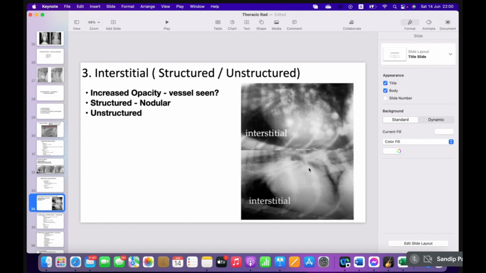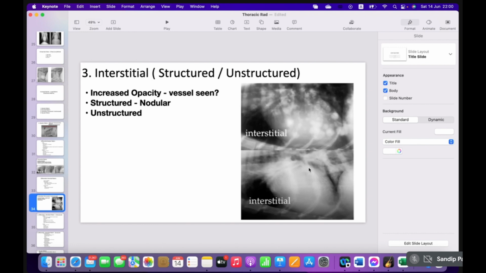Here, the parenchymal opacity is increased, but one striking thing we need to look for is that if there is an alveolar pattern, we won't see vessels. Like we have been talking about vessel supply from the beginning, we won't see vessels in the alveolar pattern.